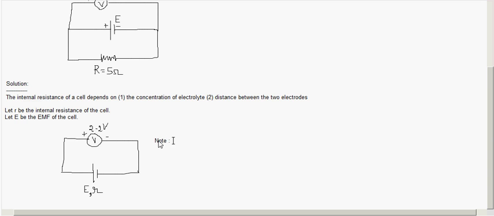The high resistance voltmeter means that no current will flow through it, hence there is no potential difference across it. So the reading shown by the high resistance voltmeter can be taken as the EMF of the cell.